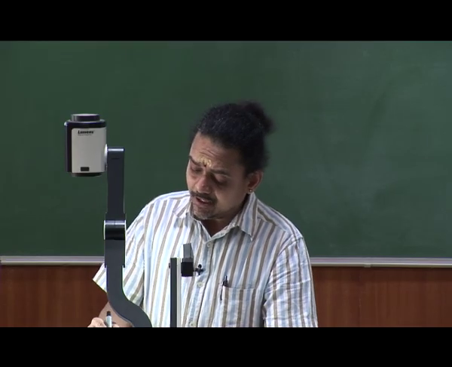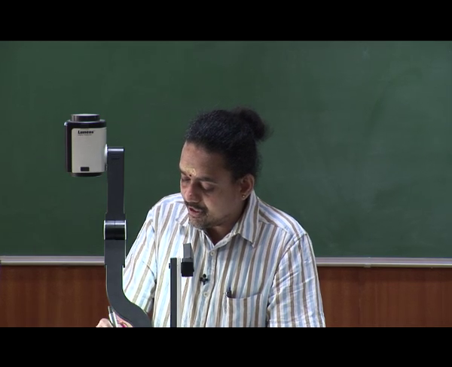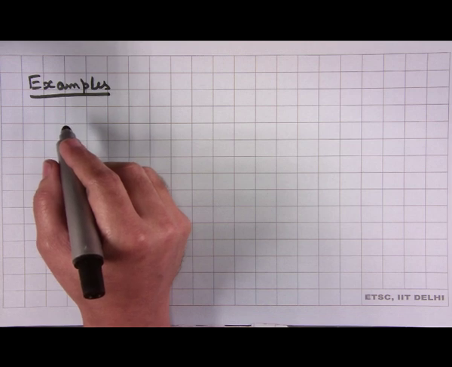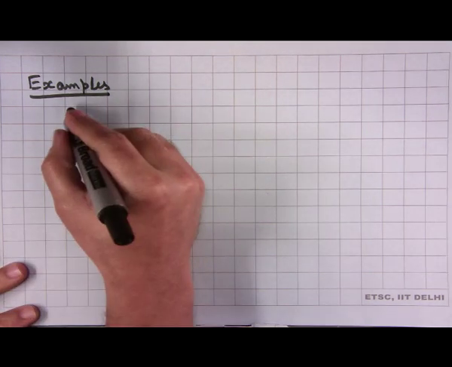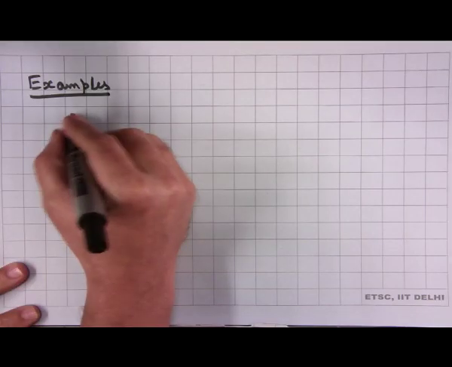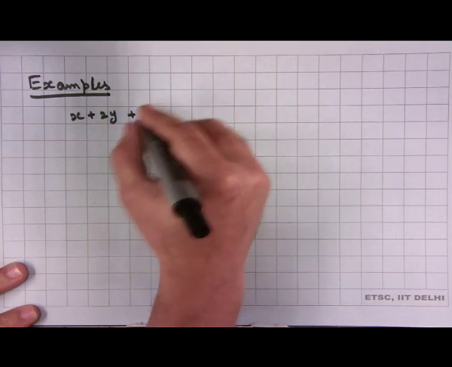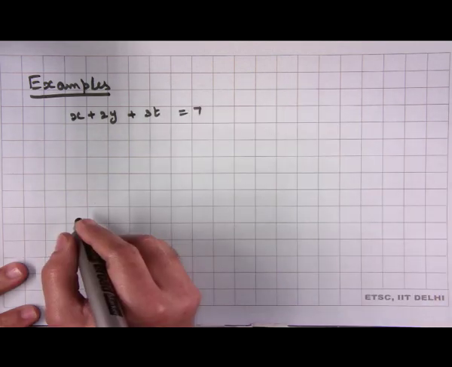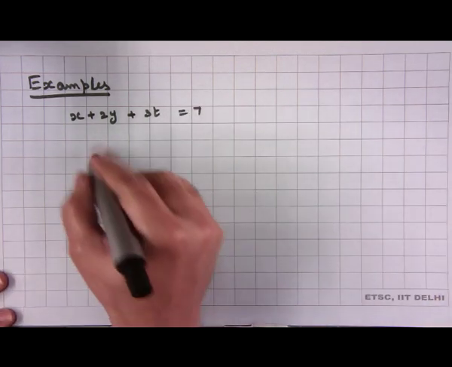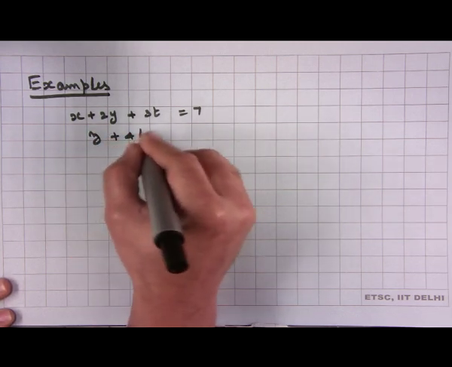Let us proceed further with examples. Now, let us do some examples wherein you have infinite number of solutions, right. Let us begin with an easy example. x plus 2y plus 3t equal to 7, z plus 4t equal to 8.